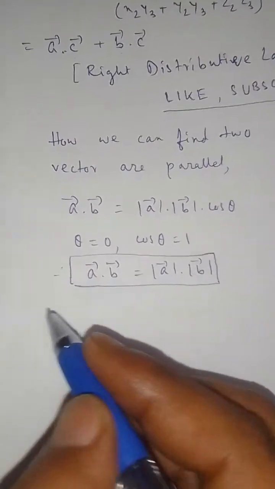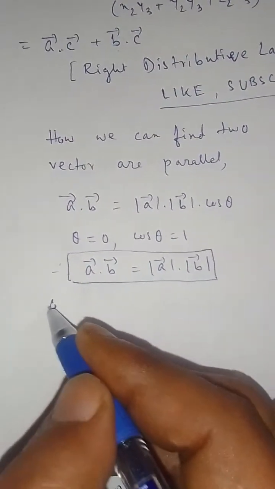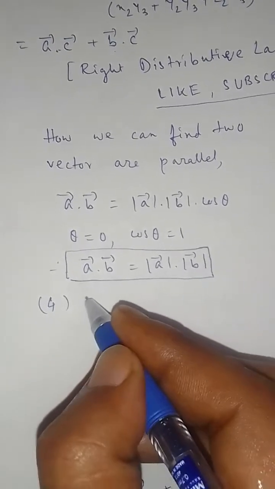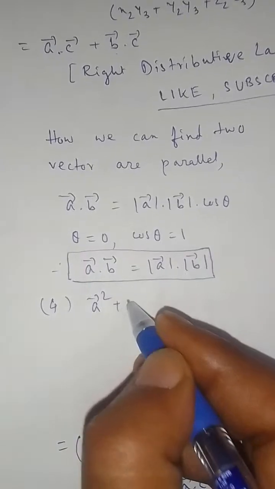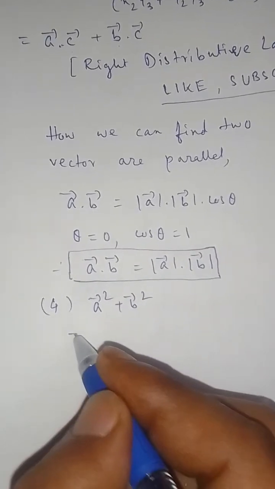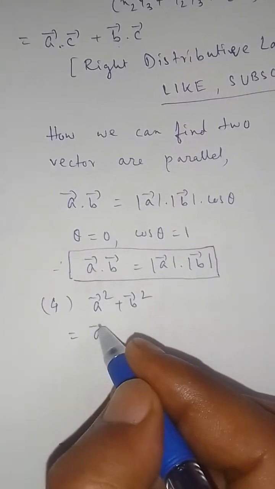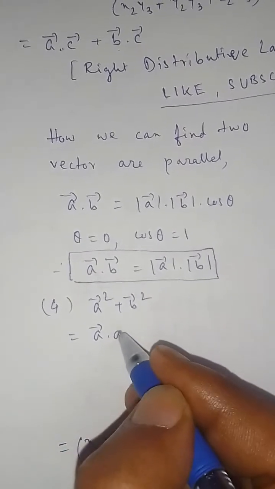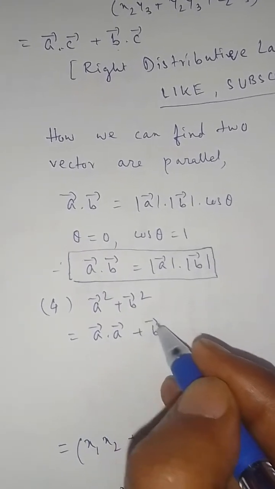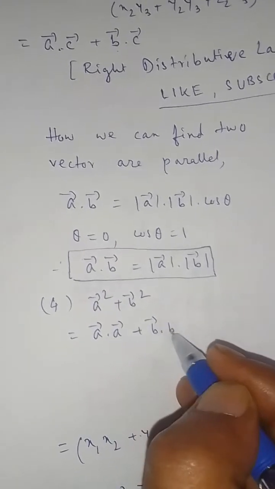We will last prove a vector plus or minus b vector whole square. We take a vector plus b vector multiply a vector plus b vector.